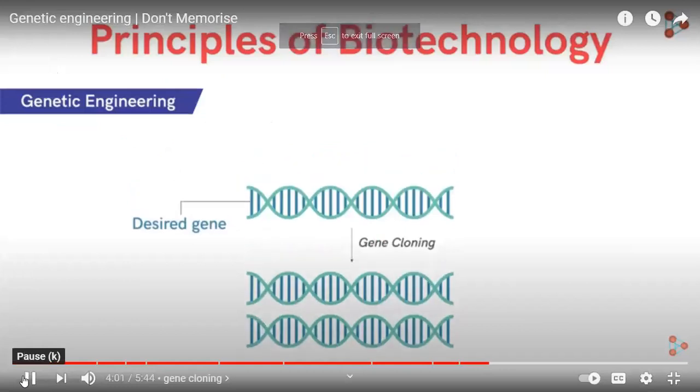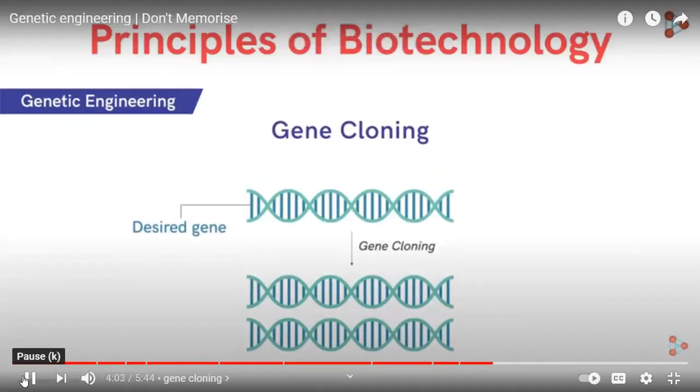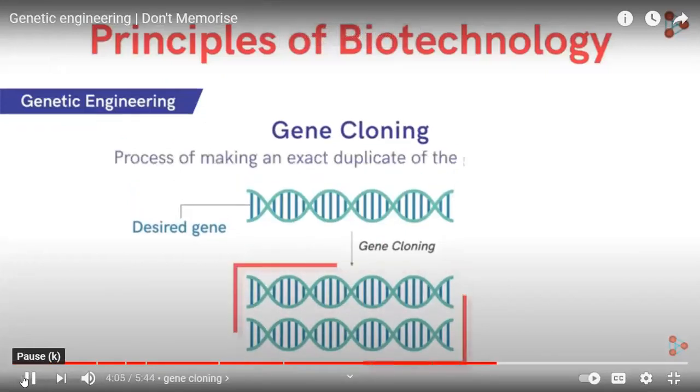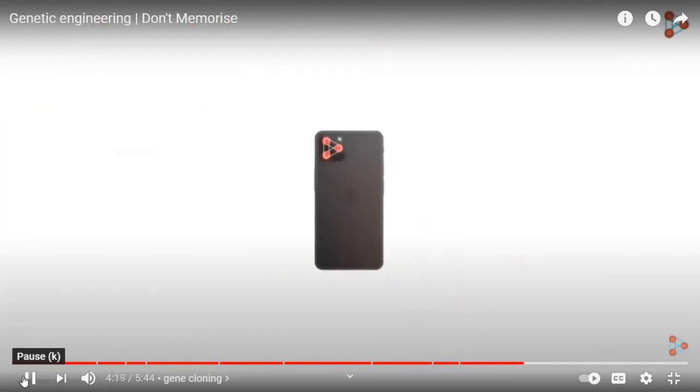In other words, gene cloning can be defined as the process of making an exact duplicate of the genetic material. But why do we need a duplicate of the genetic material? Let's consider an example to understand this concept. Imagine there's a new product launched by a company in the market. It has some really cool and amazing features which will be of great use to all.